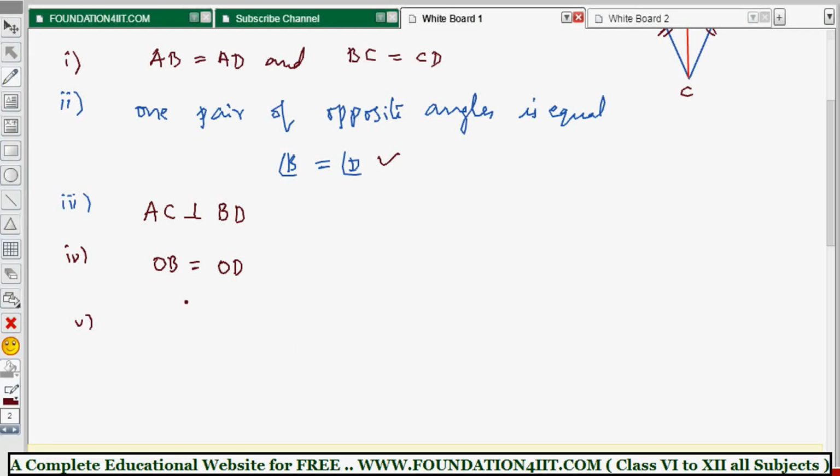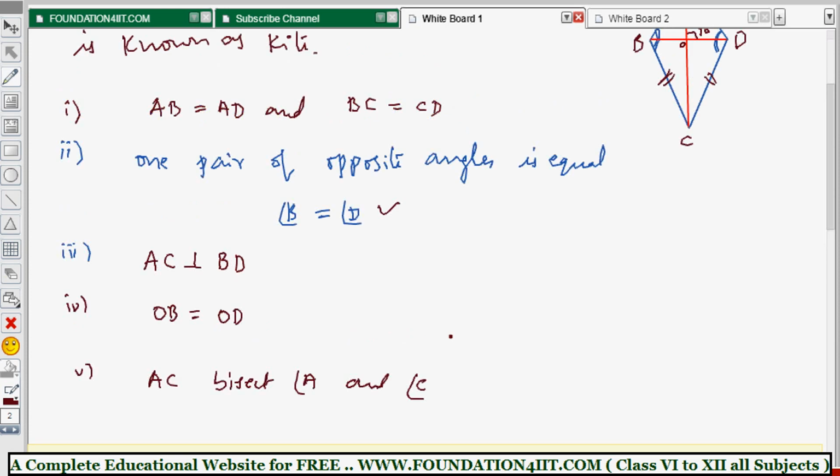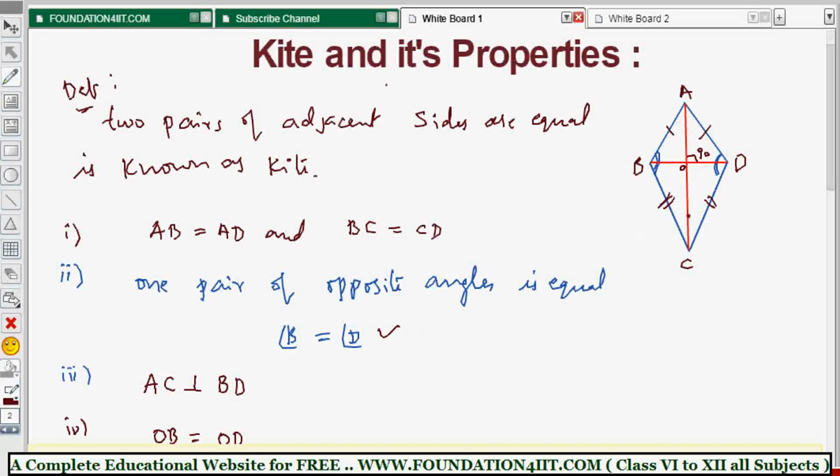And one of the diagonals bisects two opposite angles of the kite. That means AC bisects angle A and angle C. So one of the diagonals bisects the opposite angles of the kite. Here only one.